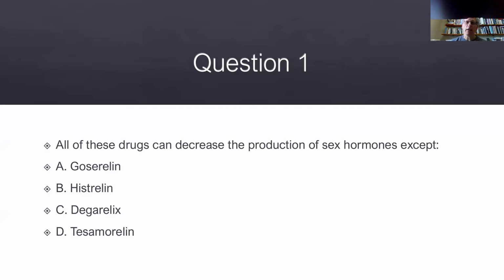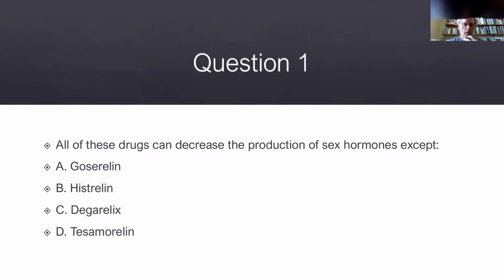The answer is C, degarelix. Your hypothalamic agonists, which are A, B, and D, can and do decrease sex hormone production. So you get a resultant drop in production of sex hormones.